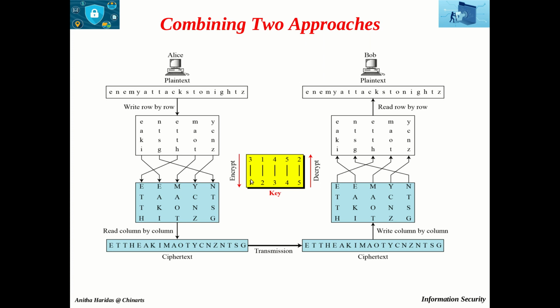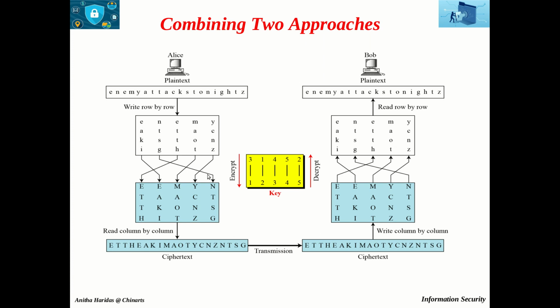In the second step, they reorder the columns by using the permutation key. This is the permutation key agreed between Alice and Bob. The first character becomes the second character, and the second character becomes the fifth character.